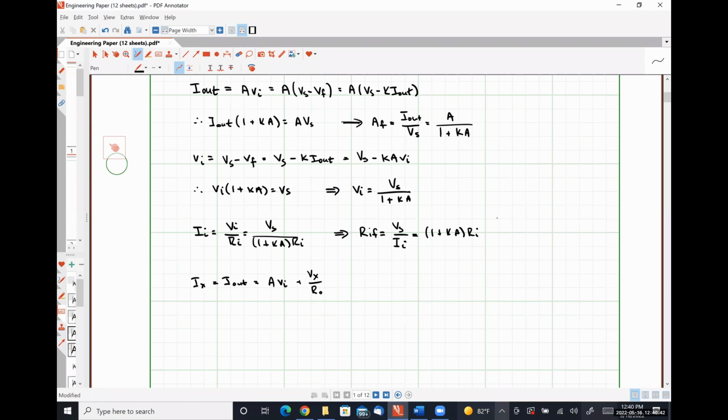So let's see. With Vs equal to 0, Vi is negative Vf, so that's going to look like A times negative Vf plus Vx over R naught.